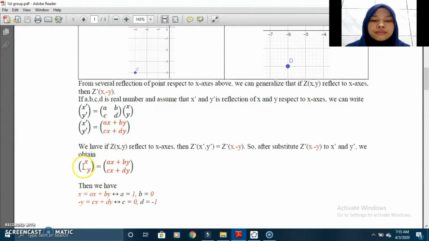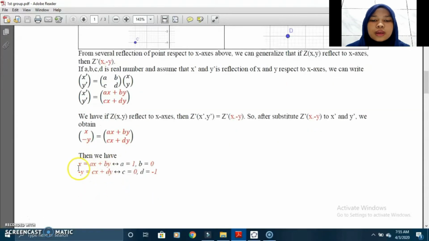Then we have x' equals ax plus by, y' equals cx plus dy. From the first term, we have a equals 1 and b equals 0. From the second term, we have c equals 0 and d equals minus 1.